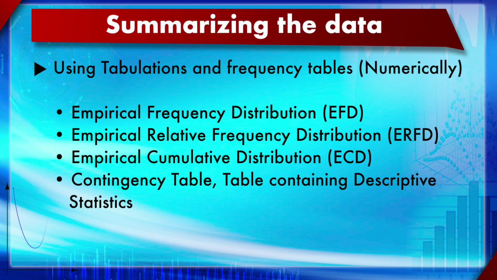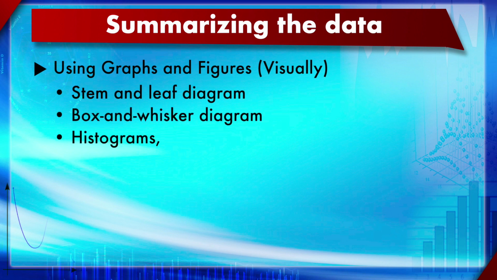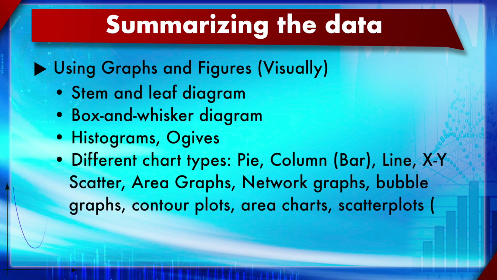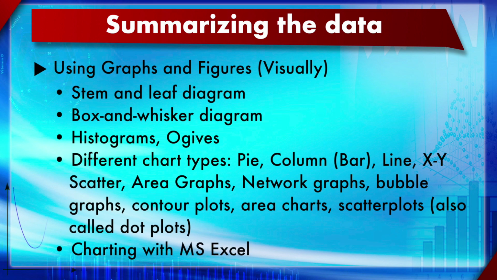That is called a summary table. All these are tabular summarization of the data. The other way is you can use figures, the graphical way. That is visual summarization or data visualization. For example, you can do a stem and leaf diagram, box plot, histogram or ogives, and different kinds of charts you can make use of, that we will be explaining in our next module.